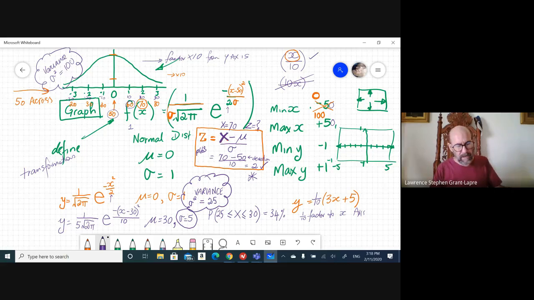The theory of what I've done today covers just about the entire chapter 16. I do want to talk a little bit more next lesson about the mean and the standard deviation.